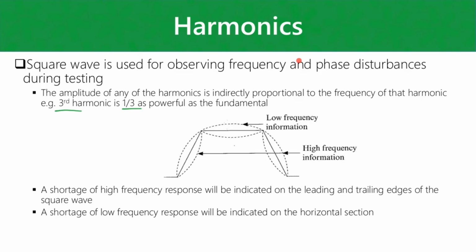You're not going to get any information out of that in terms of whether your circuit has a good high frequency response or a good low frequency response, or bad responses in terms of those frequencies.